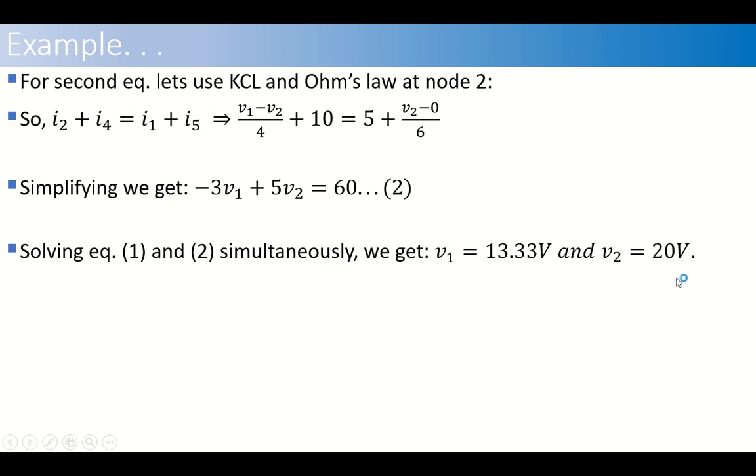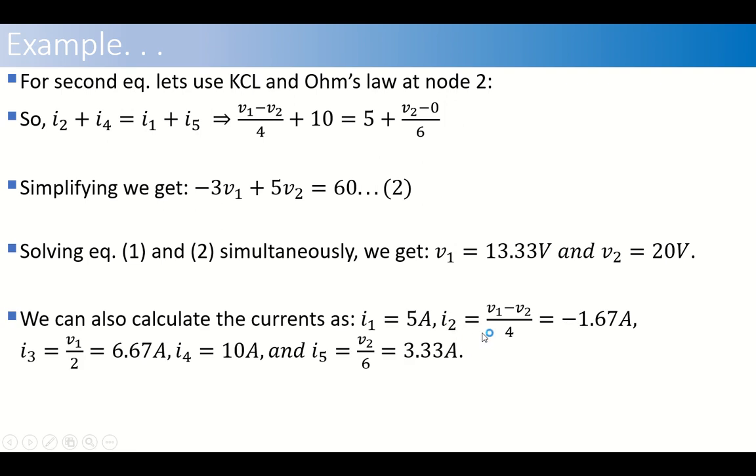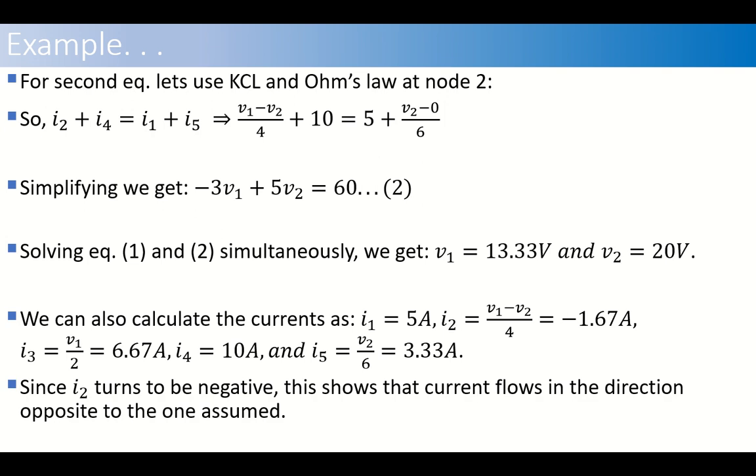Current flows from higher potential to lower potential, so that's why I2 is negative. All other currents are positive, so we assumed the correct direction in the remaining currents except I2. I2 turns out to be negative, which shows that current flows in the direction opposite to the one assumed.